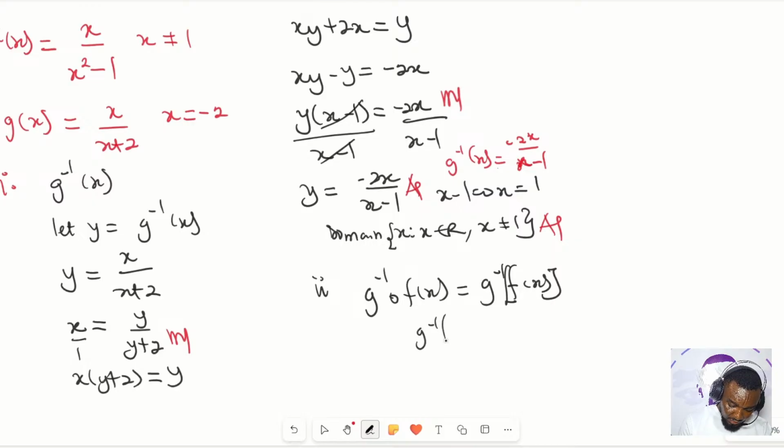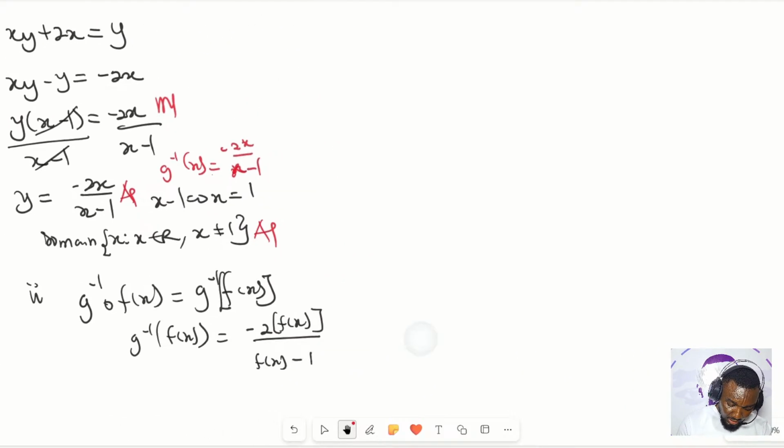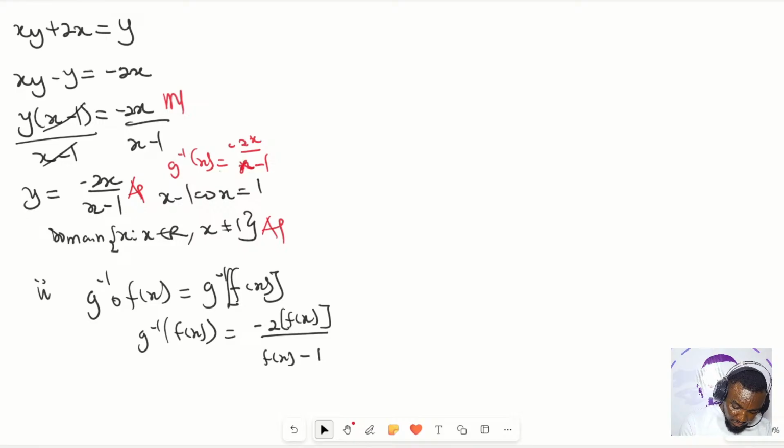So J inverse of f of x is going to be negative. Wherever we see x, we'll put f of x there, so f of x all over f of x minus 1. So our solution becomes negative 2, and we substitute f of x there.